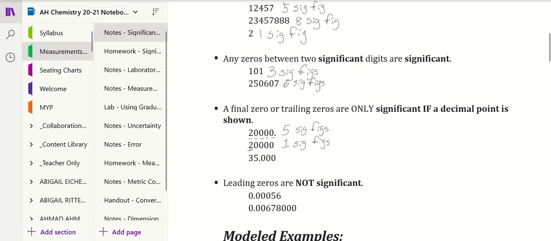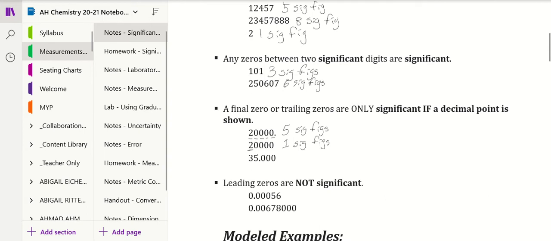When we say that the number 20,000 without a decimal point only has one significant digit, what we are saying is that the 10,000s place is the only place we can measure accurately. So we can't measure the thousands, the hundreds, the tens, or the ones place. So we use zeros, and those zeros are called placeholders.